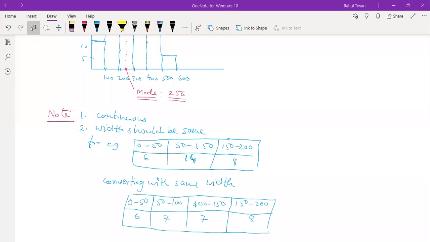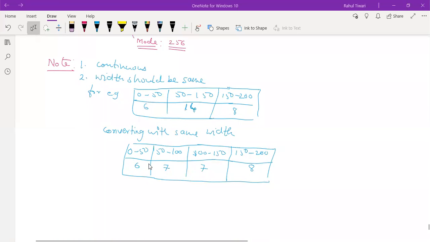Okay. Then there will be the third condition. What is the third condition? If your modal class is at the extreme.